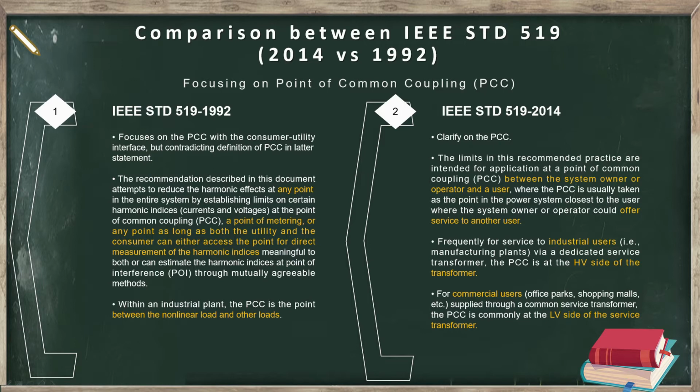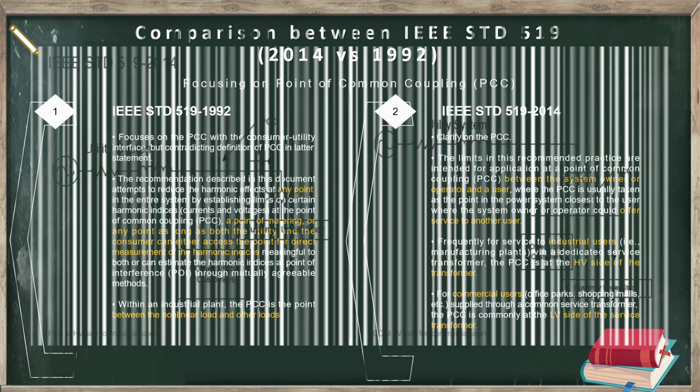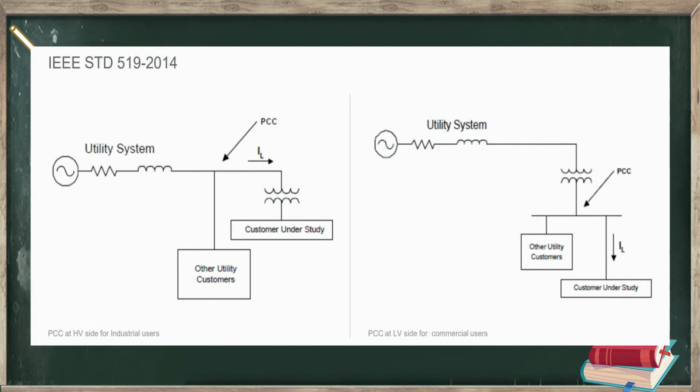In this version, we know that for the industrial user, the PCC is at the high voltage side of the transformer, while for the commercial user, the PCC is commonly at the LV side of the service transformer. The left hand side is the industrial user.